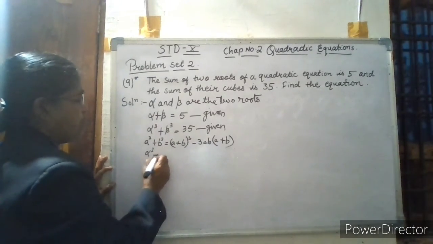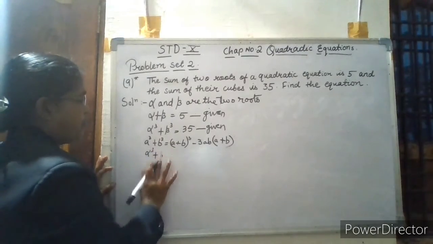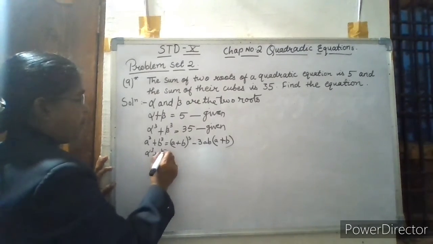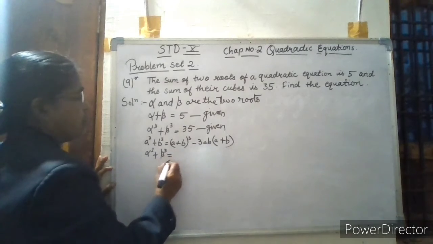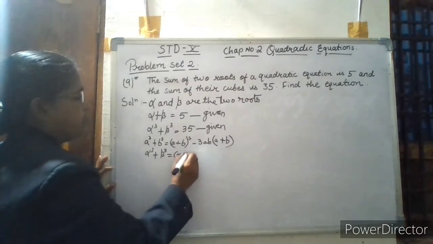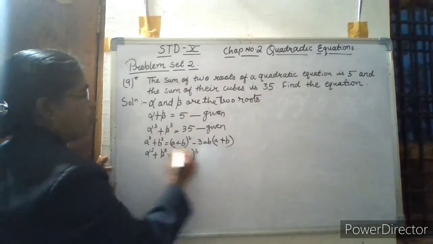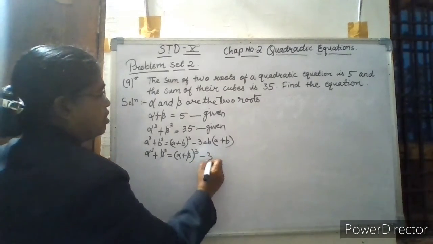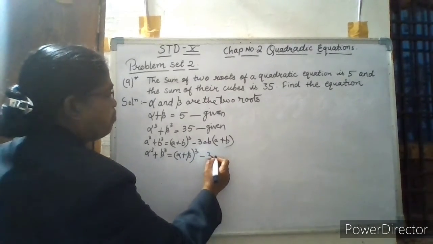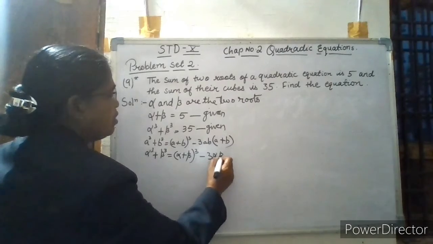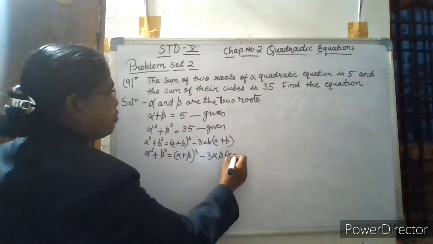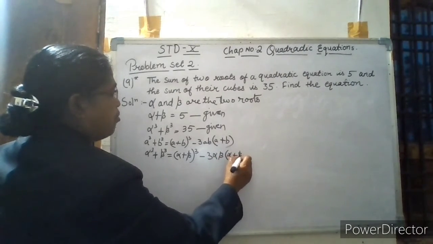Alpha cube plus beta cube is equal to alpha plus beta the whole cube minus 3 alpha beta into alpha plus beta.